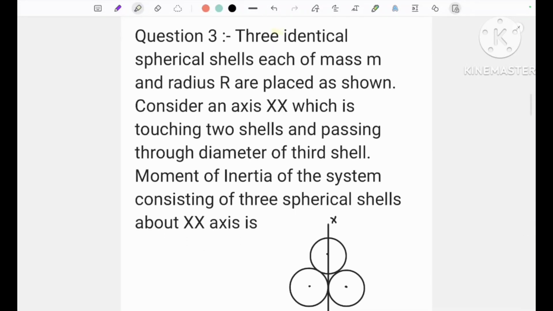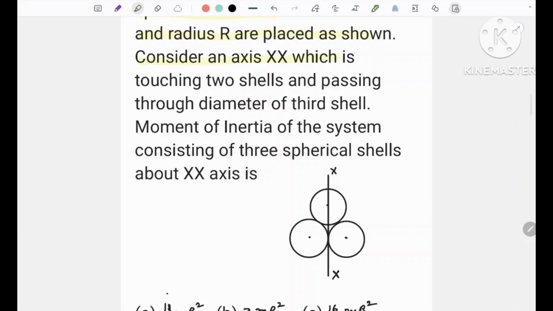Next, three identical spherical shells, each of mass m and radius r, are placed as shown. Consider an axis xx which is touching two shells and passing through diameter of third shell.